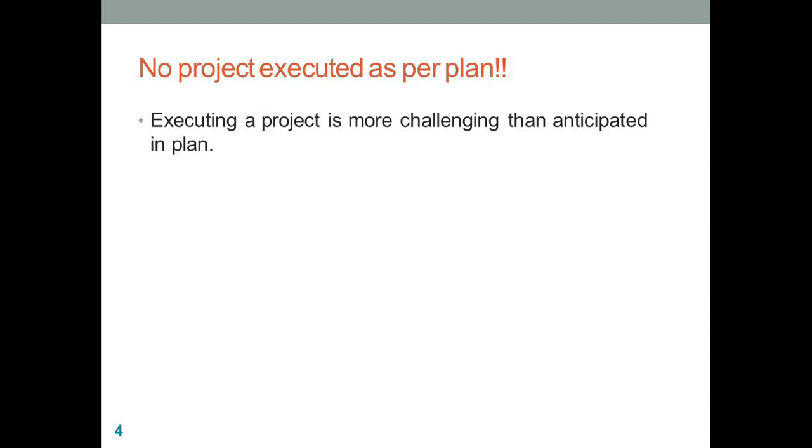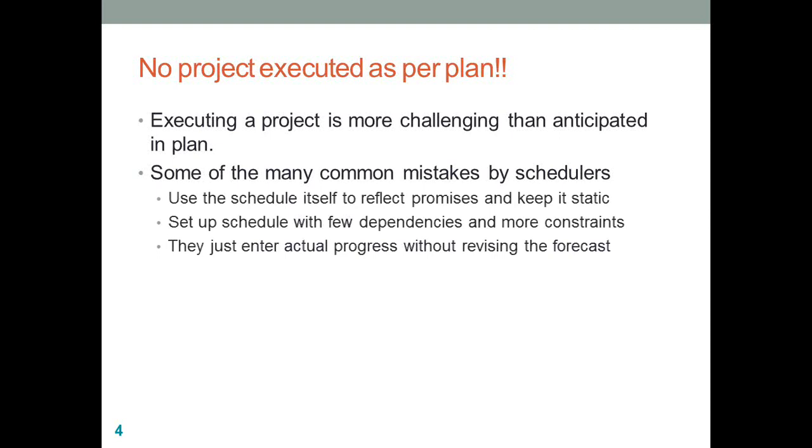Thinking along the same line, there are certain common mistakes made by schedulers or Microsoft Project users. One of the most common mistakes is that they don't update the plan, which means the plan is kept static because they assume the plan just reflects what has been approved by the customers.